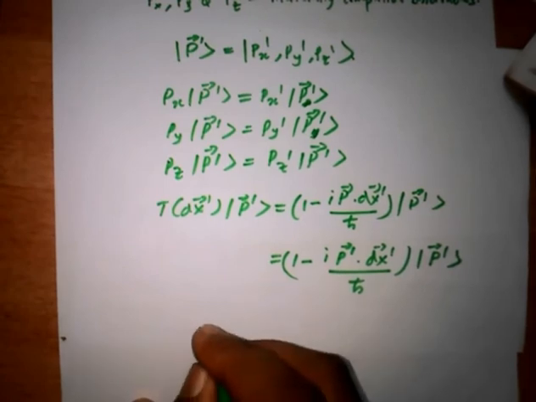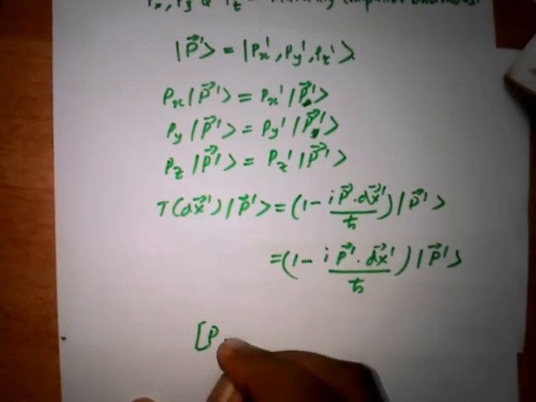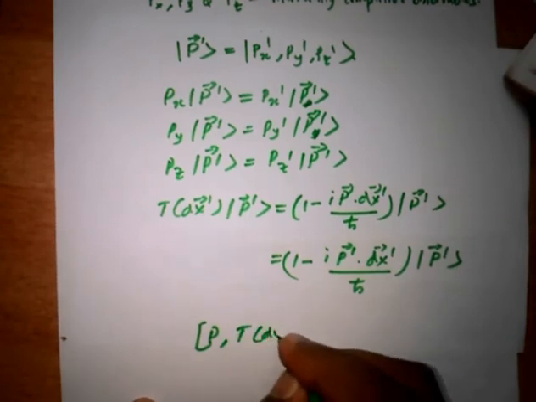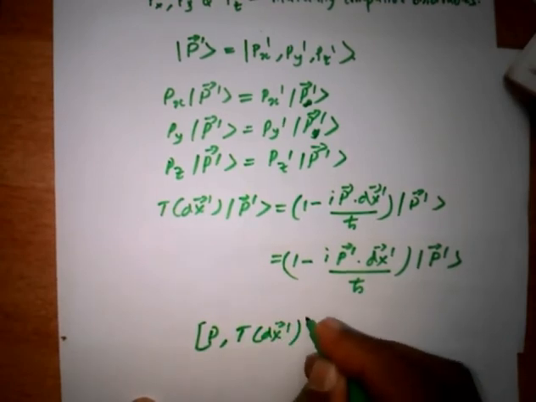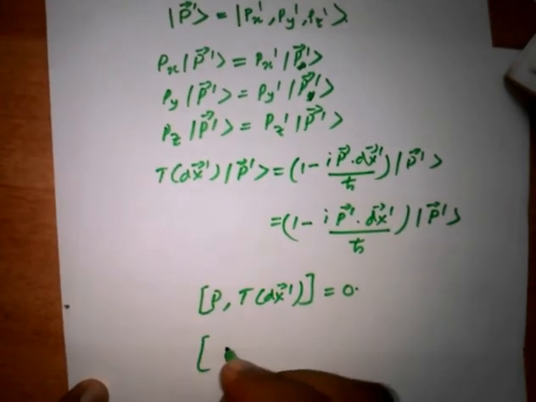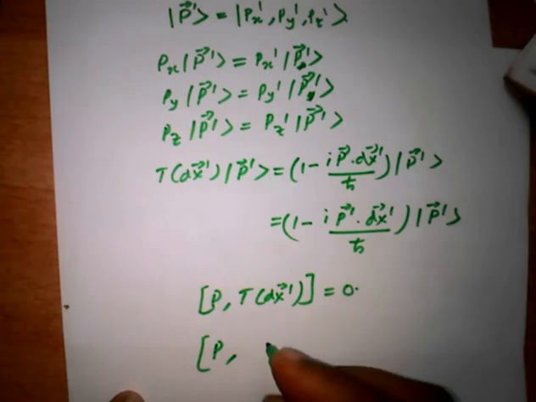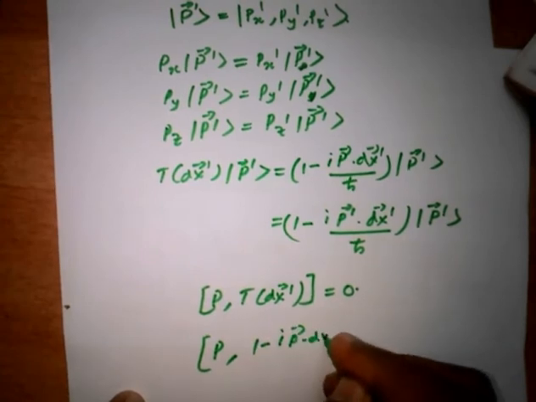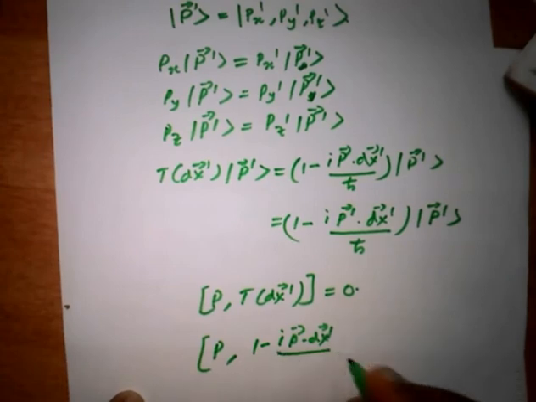And we can write the commutator of momentum and the infinitesimal translation operator of dx dash equal to 0, because this term contains 1 minus i p dot dx dash divided by h cross.